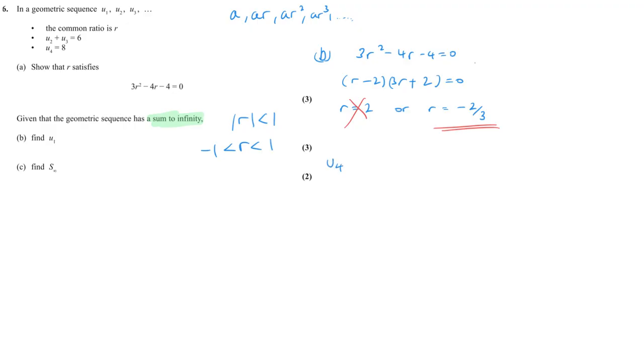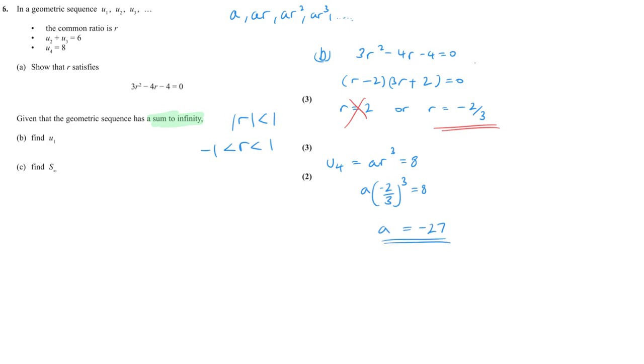Okay, then we've got our U4, which is AR cubed equals 8. So A times minus 2/3 cubed equals 8. Minus 2/3 cubed is minus 8/27, and 8 divided by that would give me minus 27.